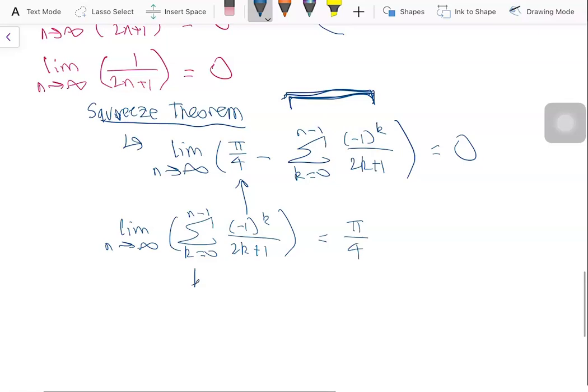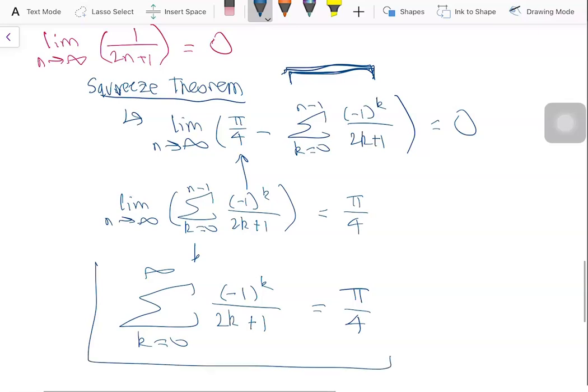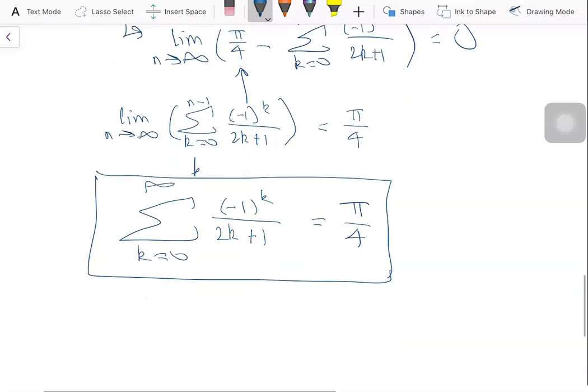This is the same as saying the infinite sum k equals 0 to infinity of negative 1 to the k over 2k plus 1 is equal to pi over 4. And this completes the final part of the question. So we found that the infinite sum converges to pi over 4.